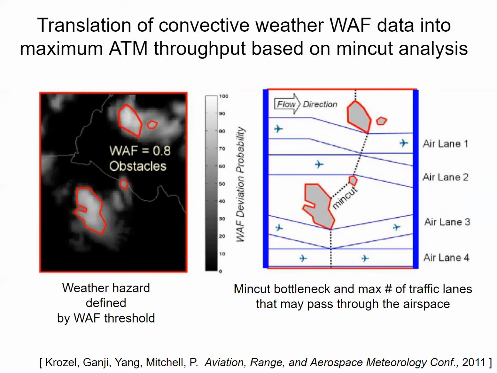And what you can do is say, wherever I have a probability above, let's say, 80% of there being a hazardous weather cell, I call it an obstacle. And then I'm just routing my flow through the deterministic weather systems like I have here on the picture on the right. So I'm just computing this min cut and so on.